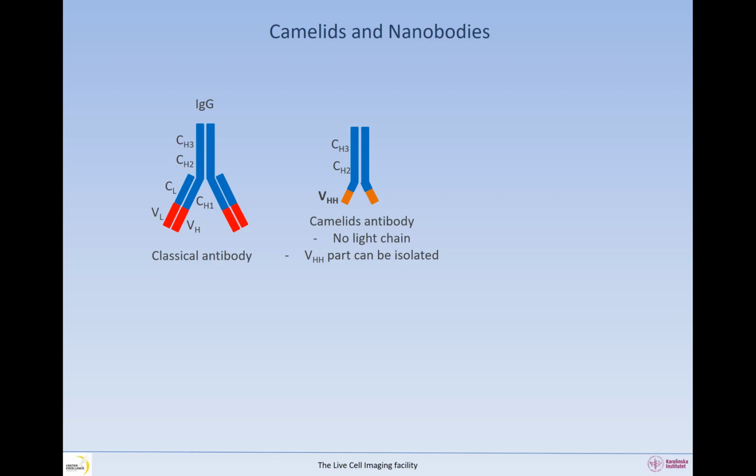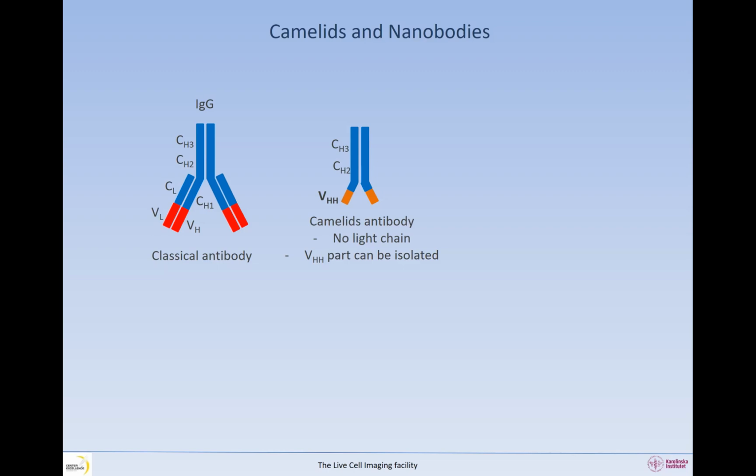They were initially identified in camels. That's why they are called camelid antibodies. But they are also present in related species such as llamas, alpacas, and, interestingly enough, some shark families.